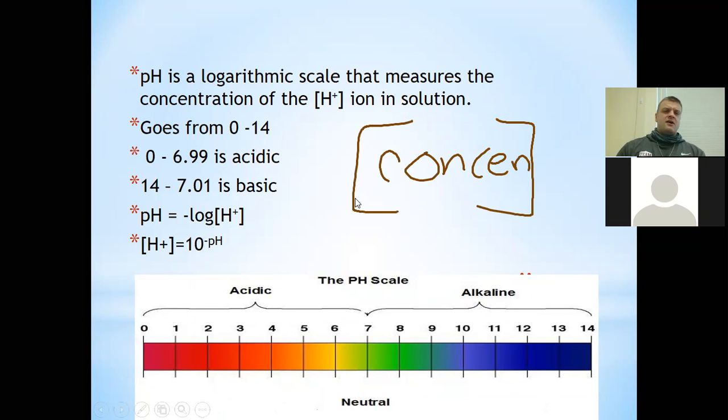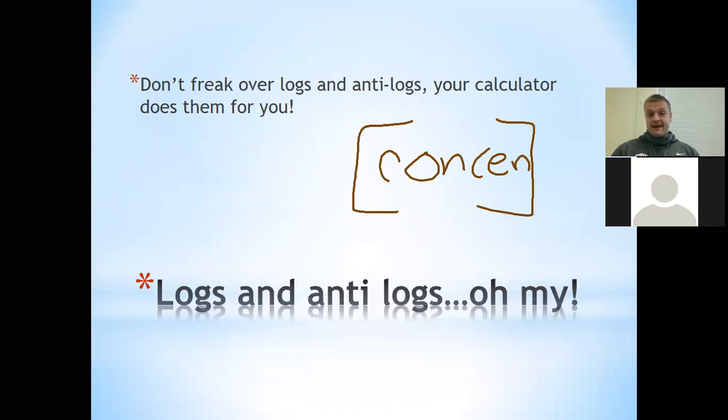So you're kind of like, oh, Christ, I don't know what he's talking about. Listen, all you really have to do is do negative log of the concentration, or you do 10 with a little caret and put the pH in there, okay? So we'll be able to do that, and it's going to be pretty simple to go through, okay?